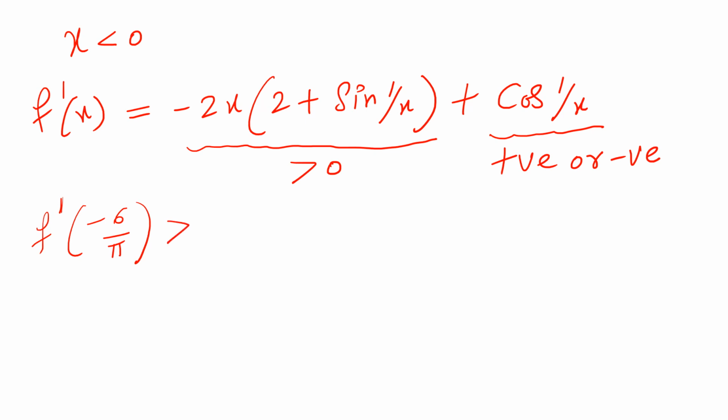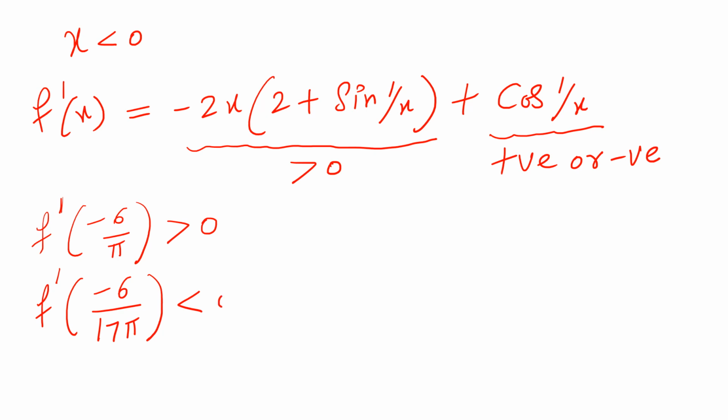So the value of f dash of minus 6 by pi is positive. But if I take a greater value, suppose I take minus 6 upon 17 pi, then at this value 1 by x becomes minus 17 pi by 6, which lies in the third quadrant.